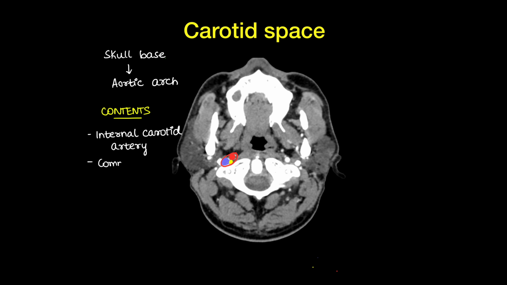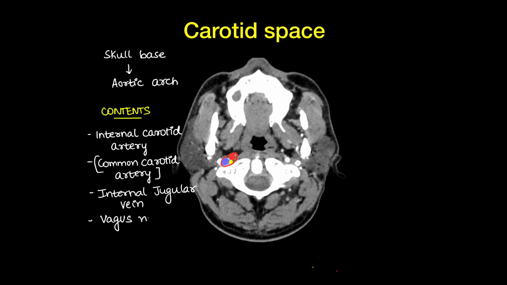In inferior aspects it has the common carotid artery before the bifurcation. In veins it has the internal jugular vein, and mainly the vagus nerve. Other cranial nerves like 9, 11 and 12 are also there, and the sympathetic plexus around the carotid artery is also part of this space.